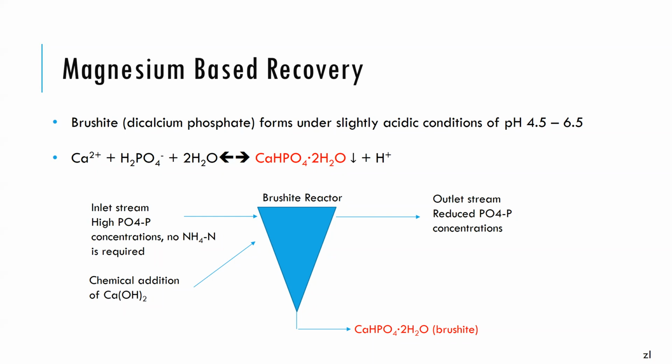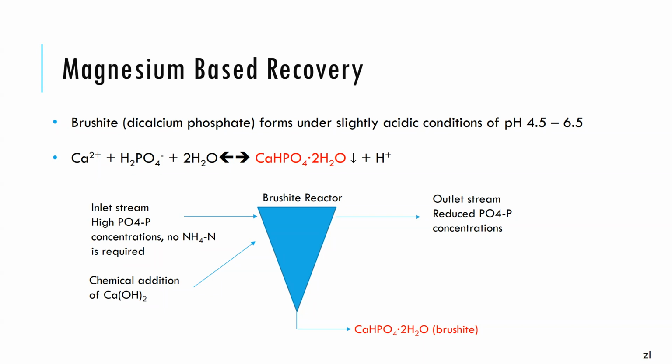We can have a look in the next slide, but in this slide, I want to show the chemical reaction. It is still a crystallization process, but the crystal of brushite is very fine. So you wouldn't be able to get a large enough crystal that you can separate directly from the solid phase.